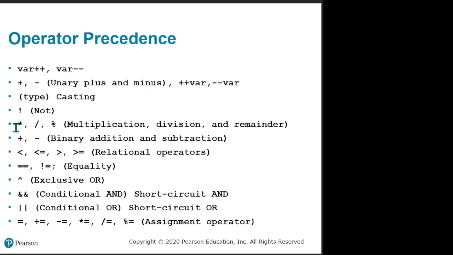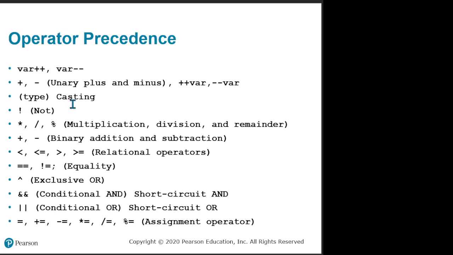What this leads to is an idea of operator precedence. If we have multiple operators in a statement, then the things that are run first go from top to bottom. So increment and decrement operators go first. The plus and minus and the pre-increment and pre-decrement operators.